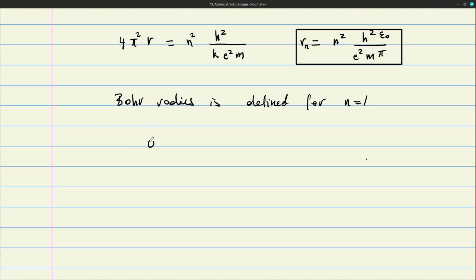Then a naught is equal to h squared epsilon naught divided by e squared m pi, and it happens to be equal to 5.292 times 10 to the minus 11 meters.